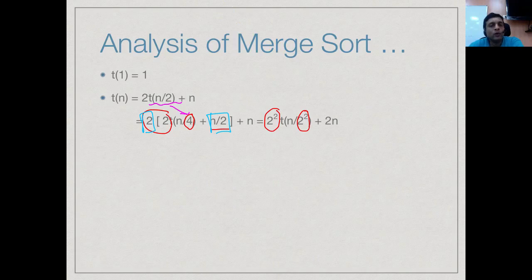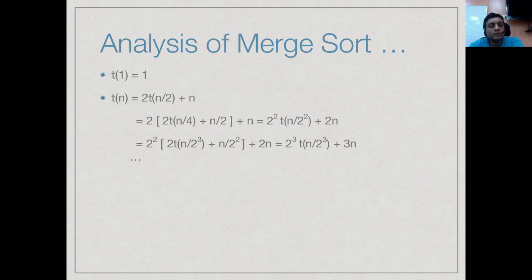As we will see, if you do one more step, I take this expression T of n by 2 squared and apply the same rule to it. Then T of n by 2 squared expands out like this: n by 2 squared divided by 2 is n by 2 cubed. So I get 2 times T of n by 2 cubed plus n by 2 squared. Now this and this will cancel, so I get 1 n here.